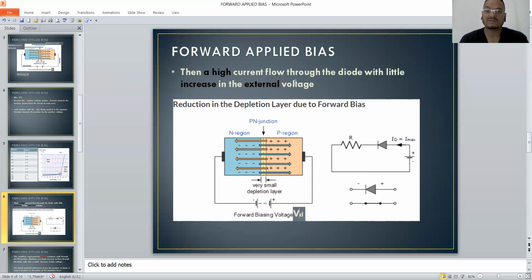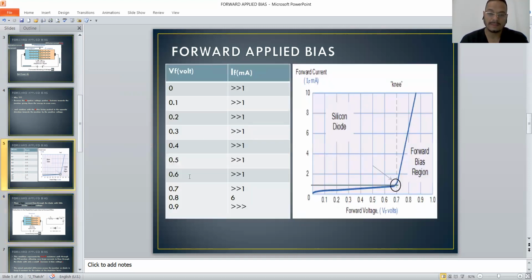Then a high current flows. Like I said, in this column until 0.6, 0.7 the result was less than 0.5, until 0.8. At 0.8, the emitter calculated 6 microampere. Compared with the last results, this number is huge.